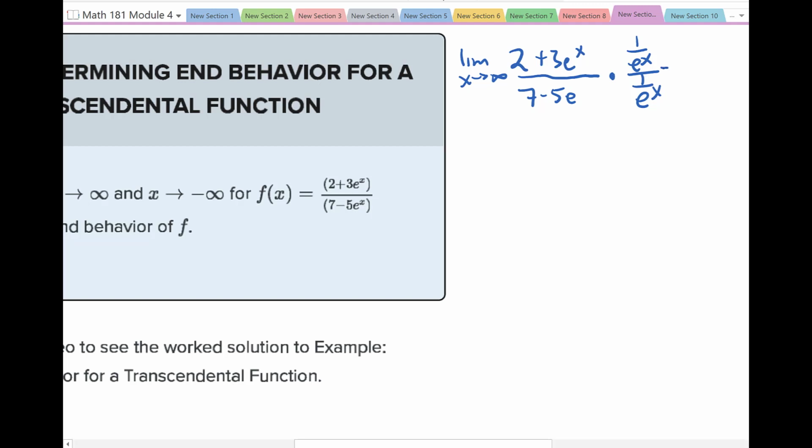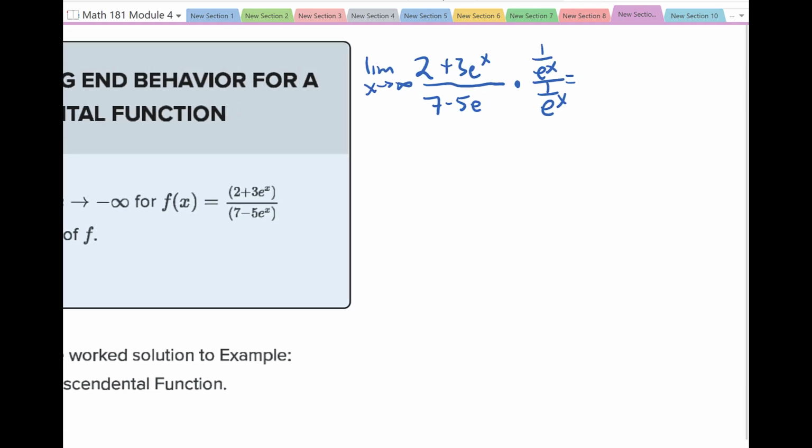This would give us the limit as x goes to infinity of 2 over e^x plus 3e^x over e^x, over 7 over e^x minus 5e^x over e^x. And these e^x's will divide out.